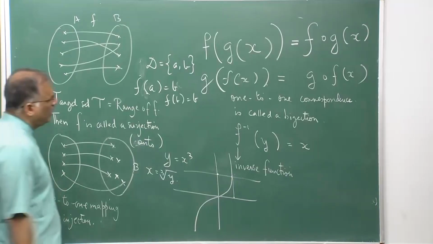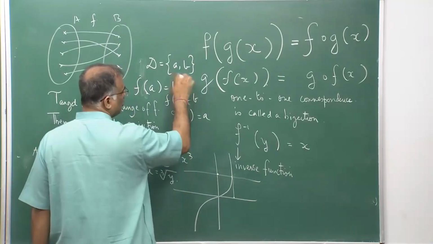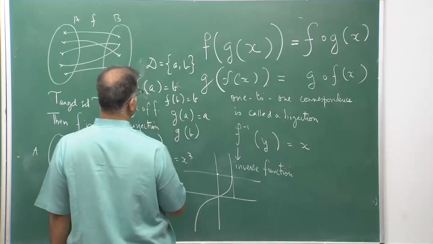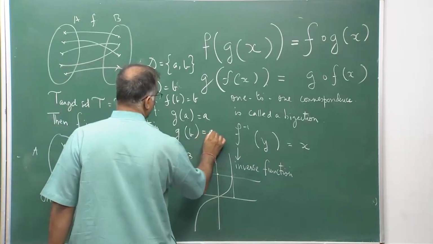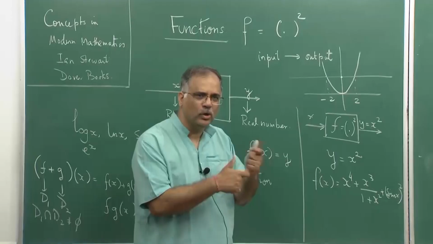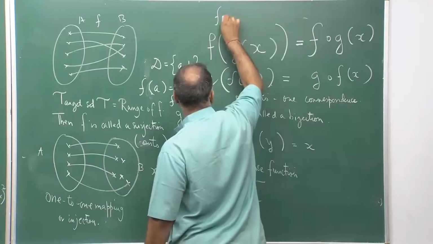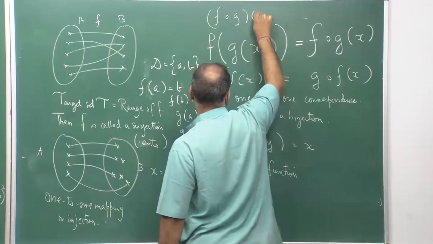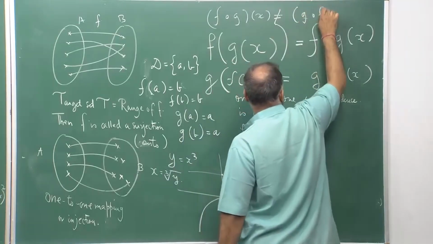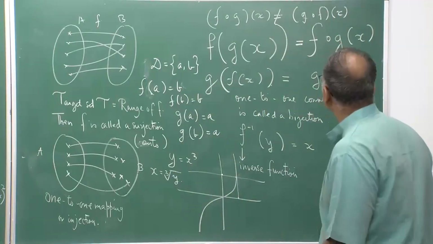And g of a is a, and they have the same domain D, f and g, and g of b is also a. Now, you try out yourself at home doing the composition and check whether they are equal or not in general, or you can try to figure out your own examples, and that would be a little bit of fun. I think you should have some time and patience when you do mathematics, that you really need to have some fun. So, you really need to go through this in this particular way.